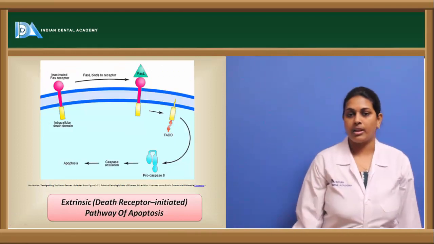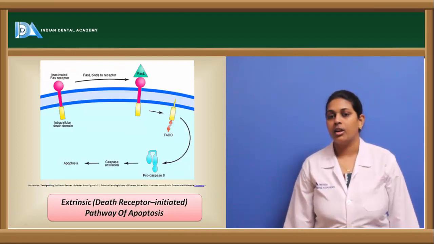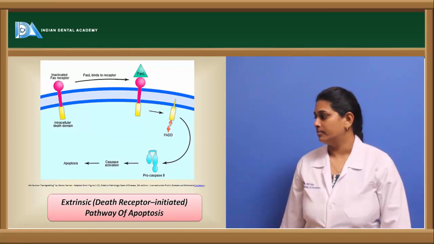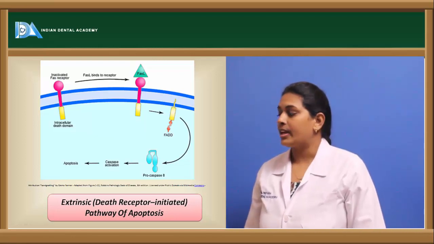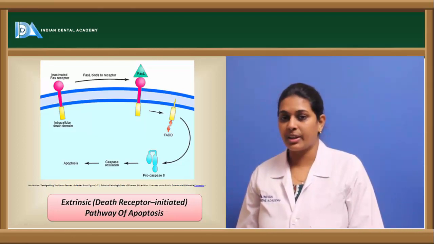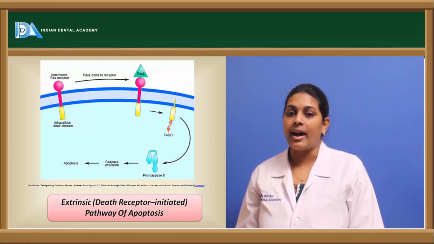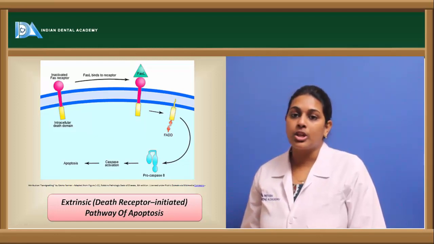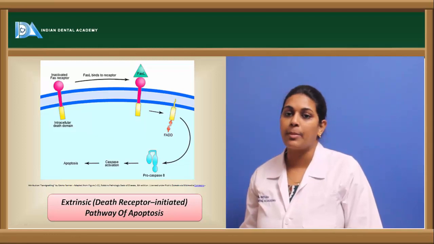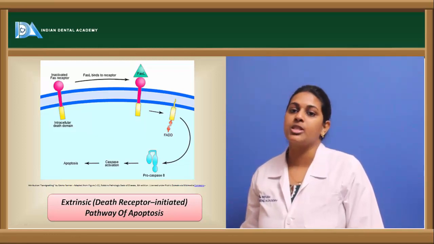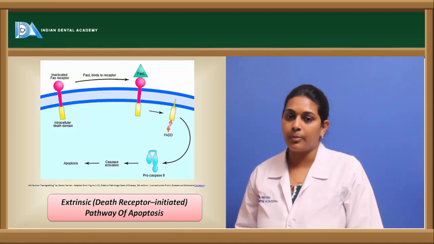Coming to the extrinsic pathway, that is the death receptor initiated pathway of apoptosis, usually we see that it occurs with the help of Fas ligand. A ligand is an ion or molecule which, once it binds to the receptor, activates the receptor and proceeds with the further functioning of the signaling process.